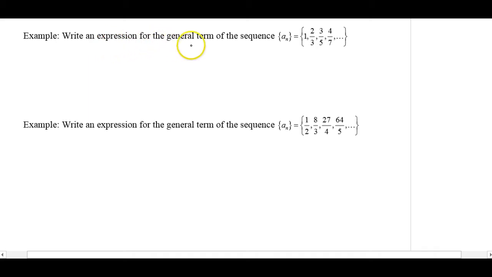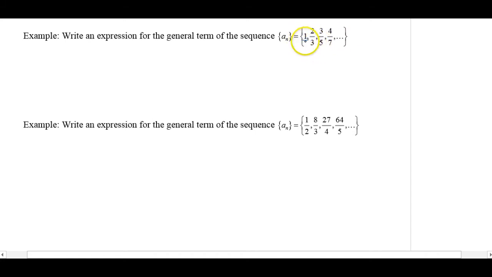Alright, in these next examples, we're going to go backwards. We're going to write an expression for the general term now given the sequence. So my sequence is 1, 2/3, 3/5, 4/7, etc. And whenever I have fractions, it would probably be easier to think about what's the pattern in the numerator and then what's the pattern in the denominator and how those relate to the indexing number.